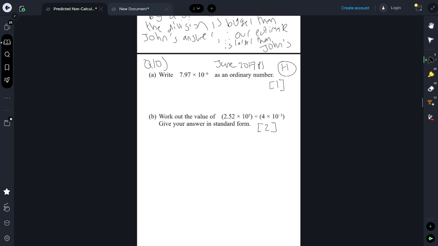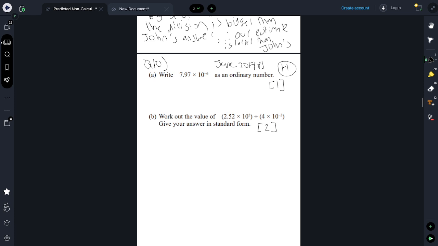Okay, another higher tier question. Again, this can be on foundation because this is standard form, and standard form is a grade 5 topic, which I believe should be on the foundation spec as well. But it's quite tricky for non-calculator. But anyway, standard form can also come up on non-calculator as long as they make the calculations fairly simple.